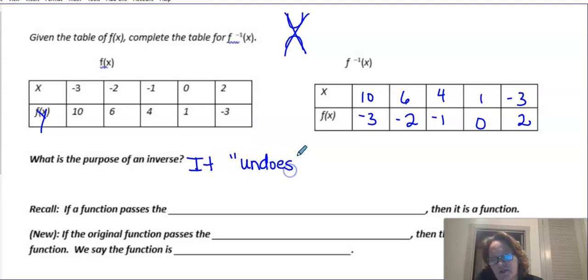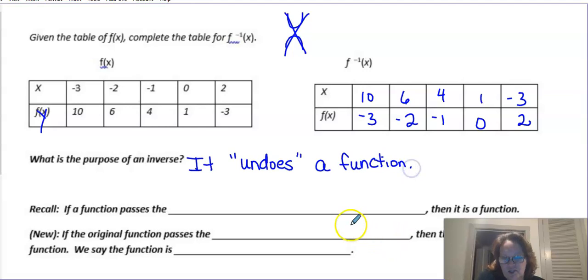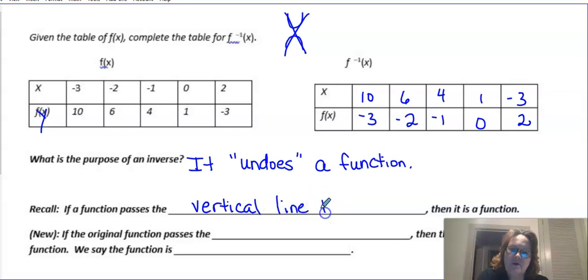It's what we do when we need to undo a function, and it will become a little bit more clear in the next unit, but we need to learn how to find the inverse of a function in this unit. If you remember, we looked at the vertical line test, and if you're looking at a graph and it passes the vertical line test, then it is a function.